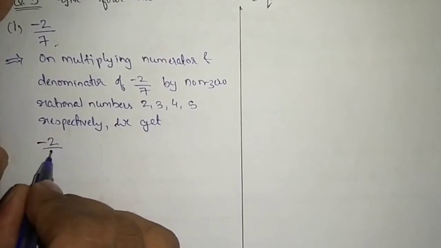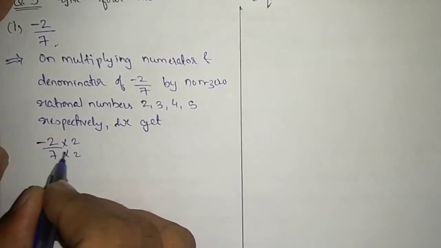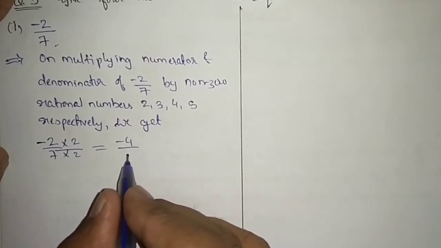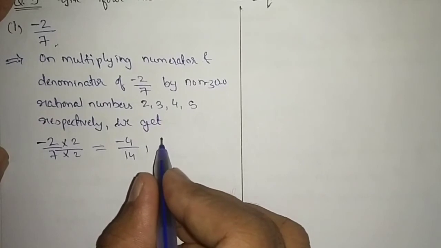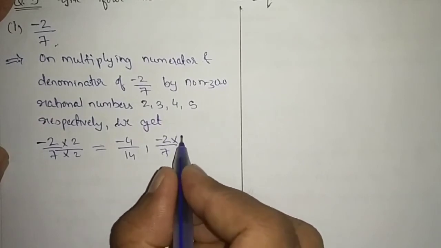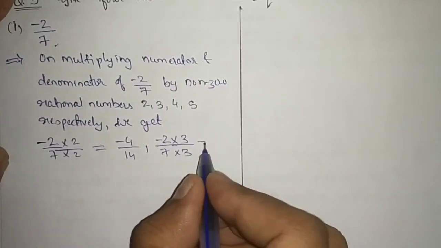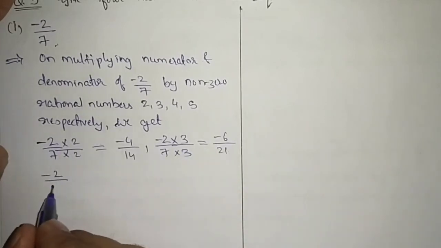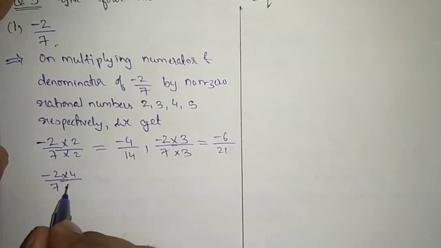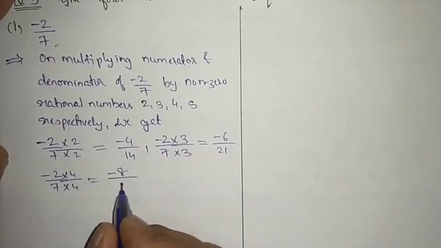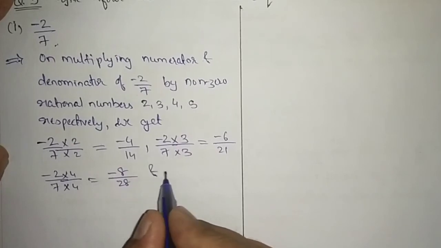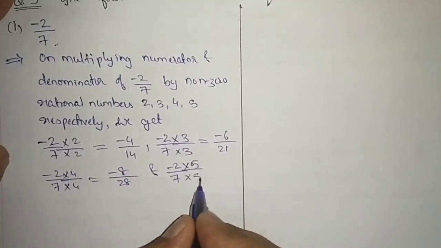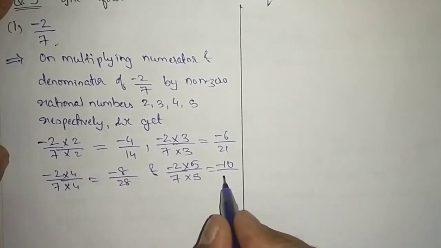So minus 2 by 7, first multiplying by 2 in numerator and denominator, we will get minus 4 by 14. Then by 3 we will get minus 6 by 21. Then by 4 we will get minus 8 by 28, and lastly by 5 we will get minus 10 by 35.